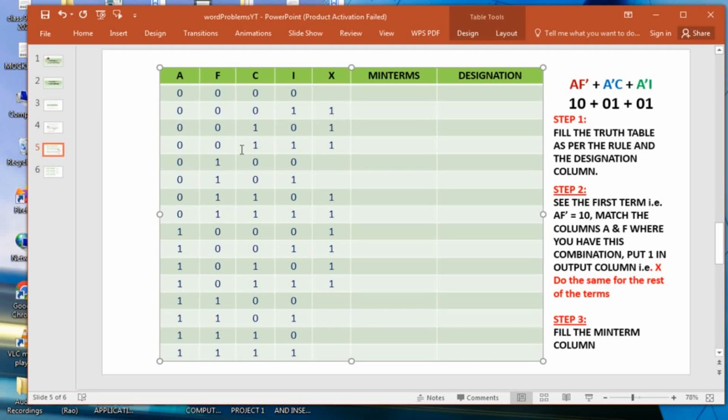0, 0 and 1 is already given here. 0, 0 and 1 you have here also. Done. Then 0, 1 you don't have here. 0 and 1 is already given, and zeros you don't have here.